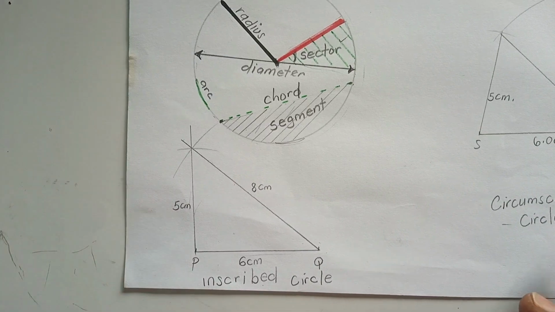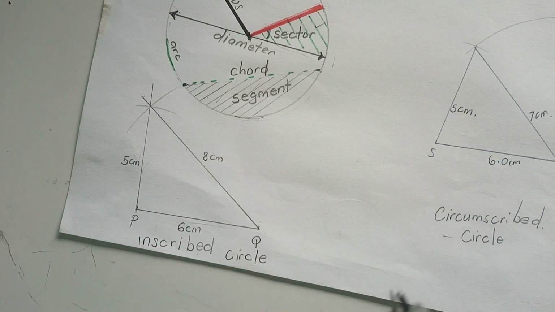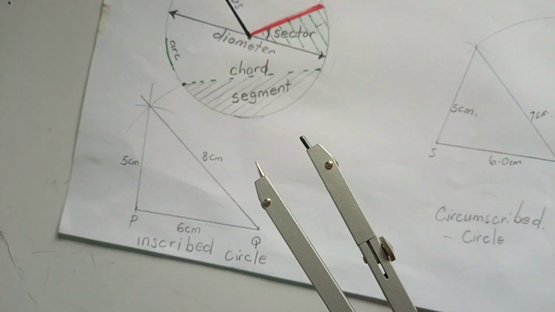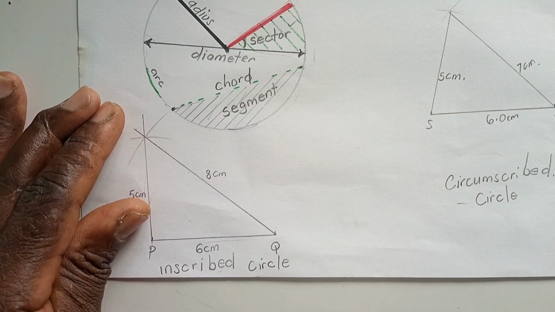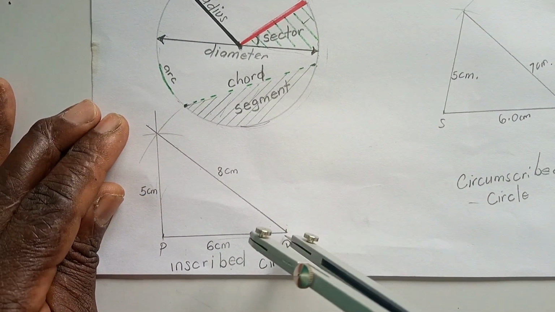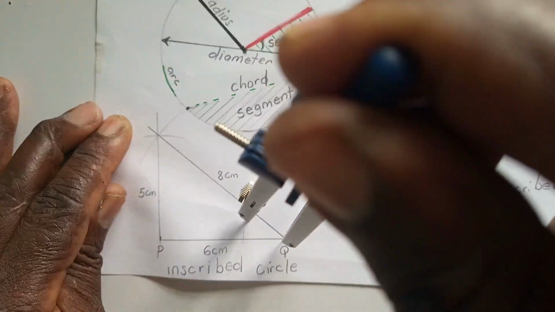Then how do we do it? By the use of our pair of compasses, we are going to bisect this angle there, drawing an arc there and an arc there.